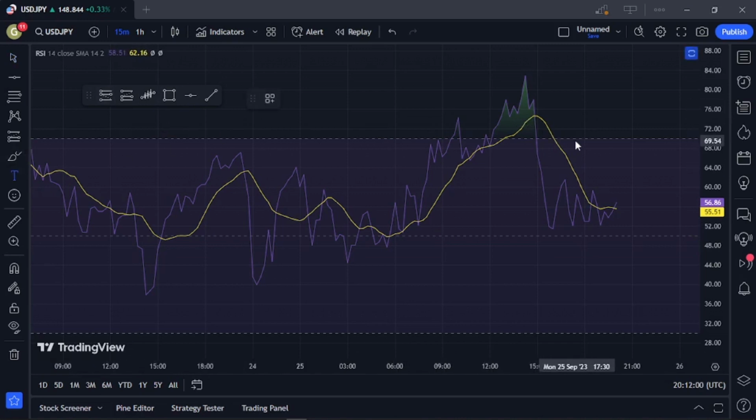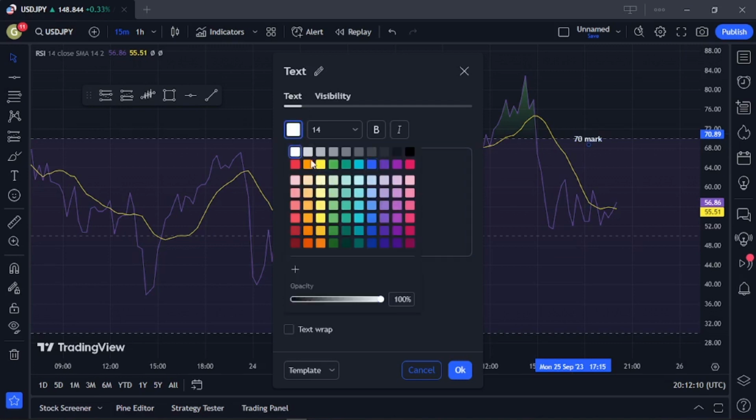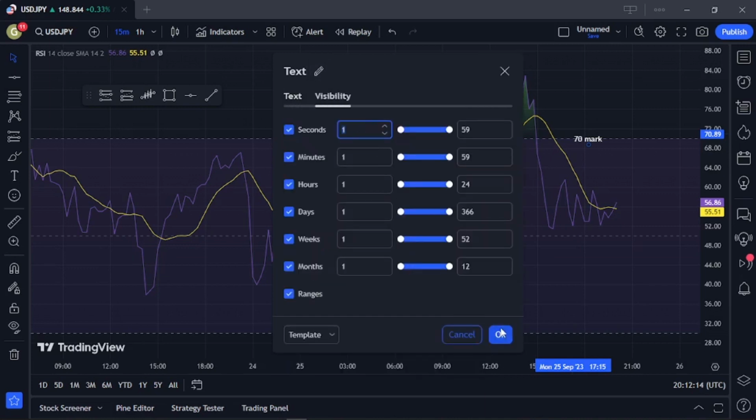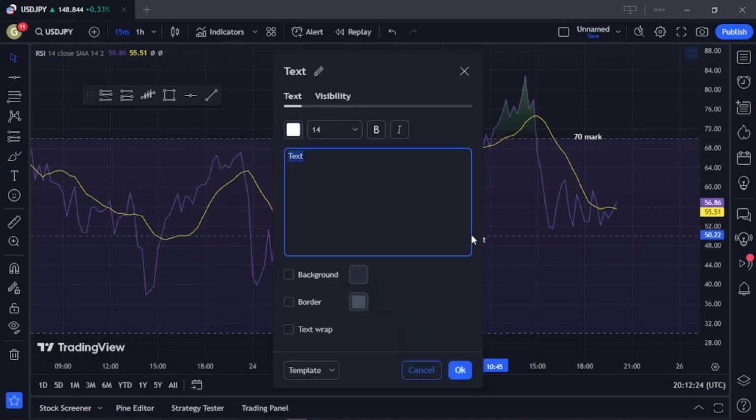The first one is at this point, known as the 70 mark. Let me change the color to white. So at this point it's known as the 70 mark, and then another at this point, known as the 50 mark.